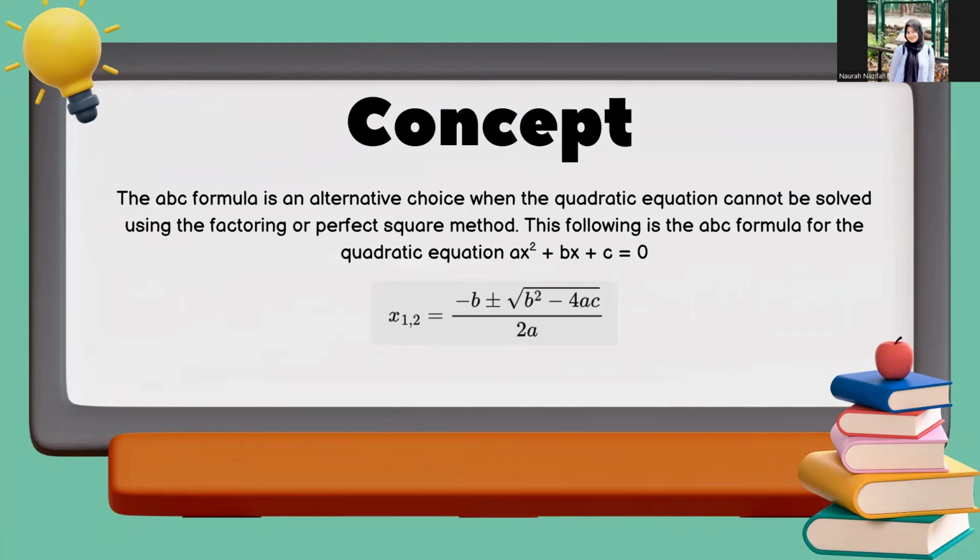The following is the ABC formula for the quadratic equation ax squared plus bx plus c equals 0: x1,2 equals negative b plus or minus the square root of b squared minus 4ac, all over 2a.